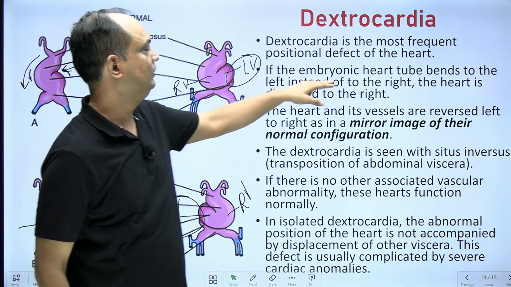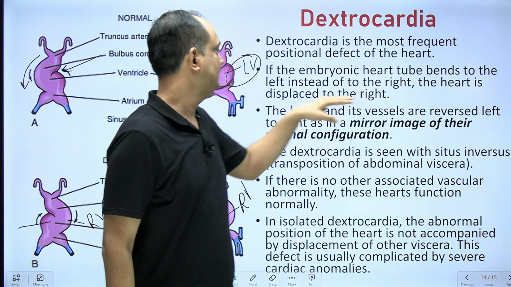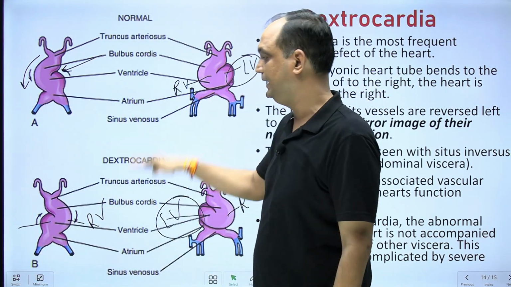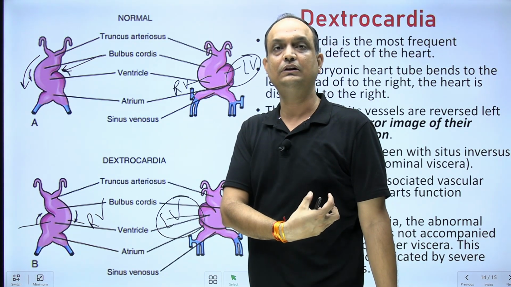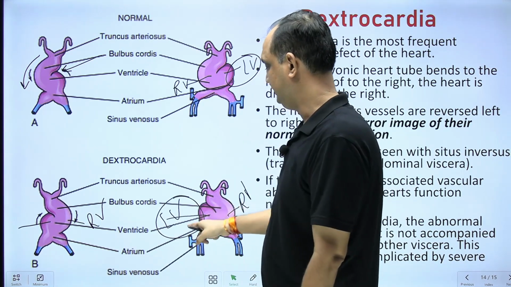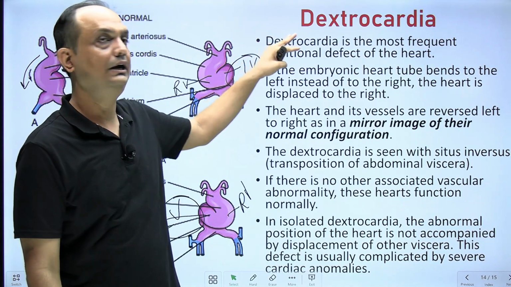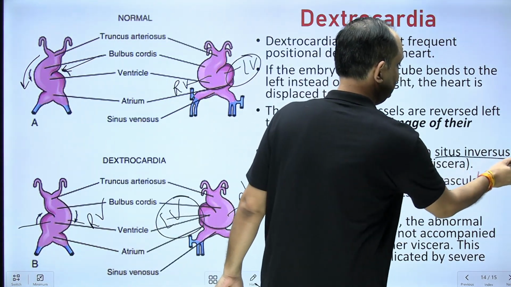Dextrocardia means if the embryological heart tube bends to the left side instead of the right, there is a displacement of the heart and you will have the formation of a mirror image. So now the left ventricle is not present on the left, rather the left ventricle comes on the right side. Now this dextrocardia may be associated with one more situation known as situs inversus.